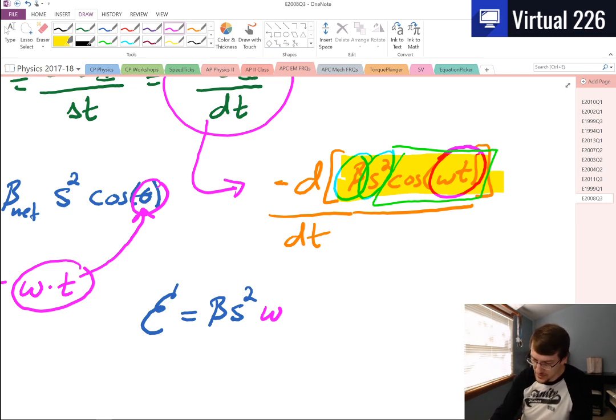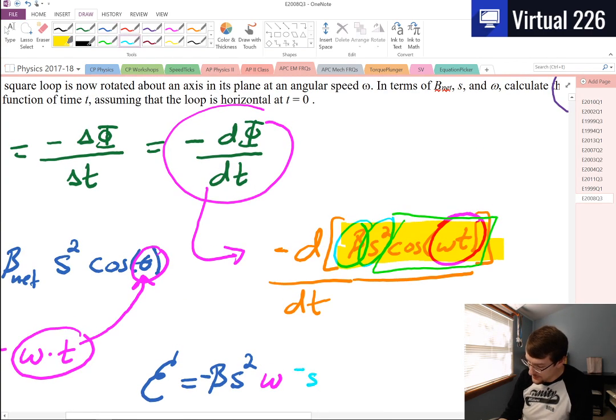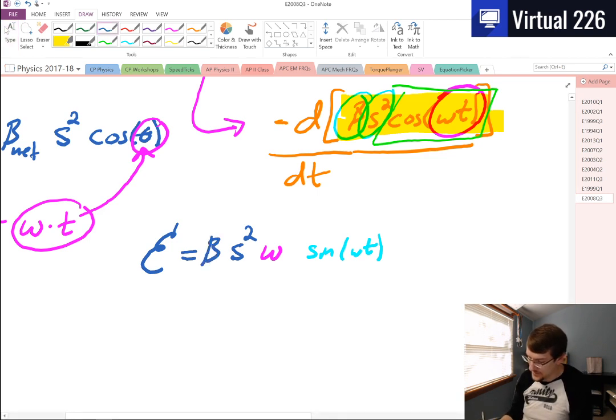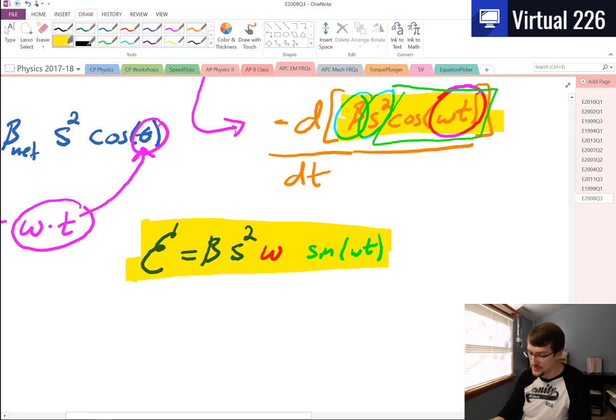Whoops, I'm missing a negative sign here. And then we get a negative sine omega t out of that. And then we find that our negatives make a positive. So a negative goes away and a negative goes away. Oop, bring the B back. And this is our final answer here, that the EMF equals B S squared omega sine omega t.